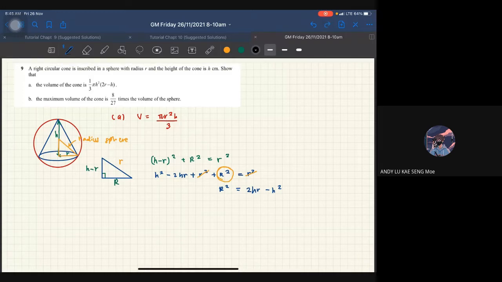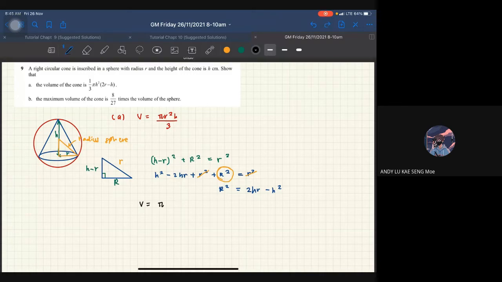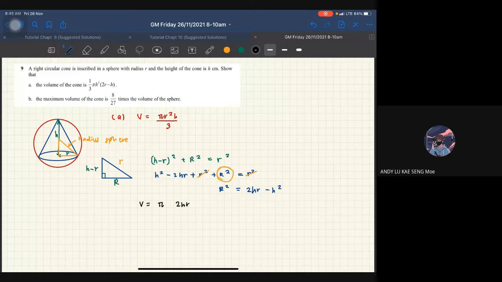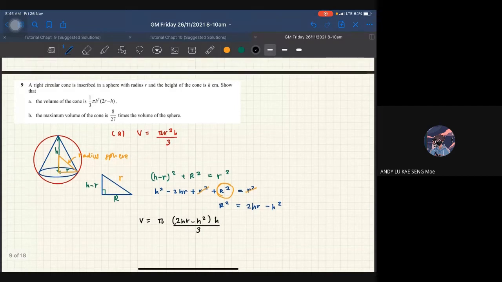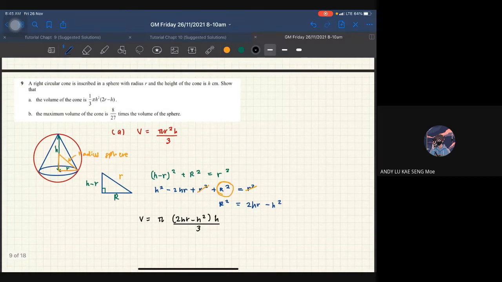Okay, so soalan minta kita proofkan macam mana? 1/3 keluar and then pi h square. Kalau tengokkan dekat this one dia ada h, this one pun ada h. So you factor out h keluar and gabungkan dengan this one. Okay, so that's what awak boleh dapat dekat sini: pi h square over 3 times 3R minus h, shown.